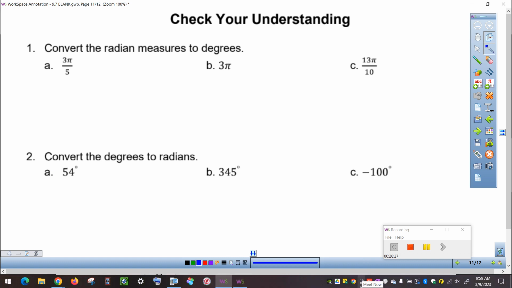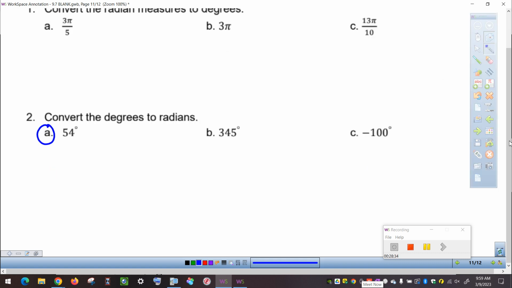So let's just look at part A of number 2. We're going to turn 54 degrees into radians. So I'm going to multiply this by the fraction pi over 180.